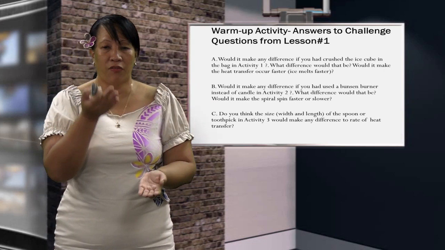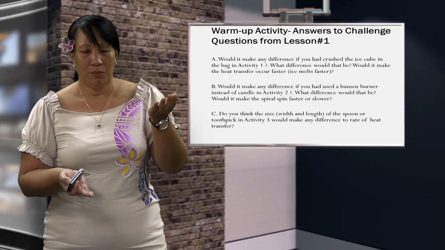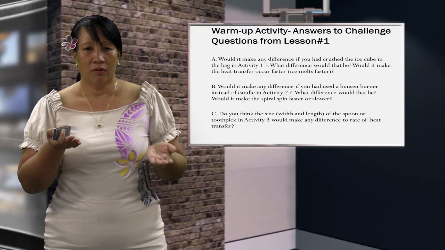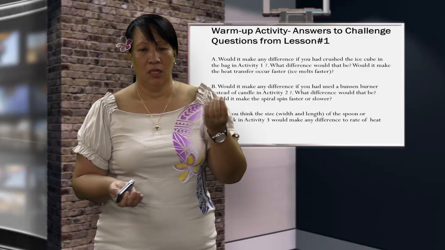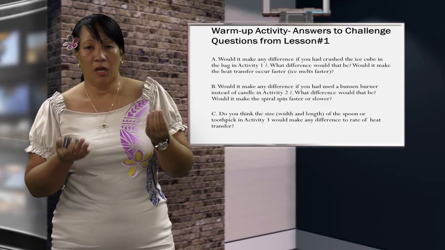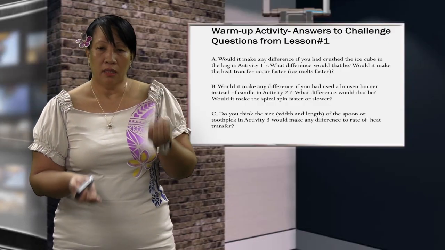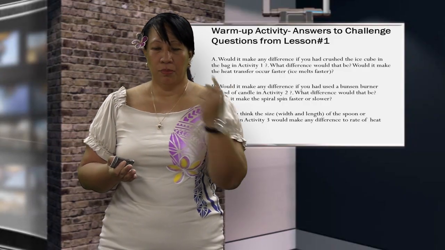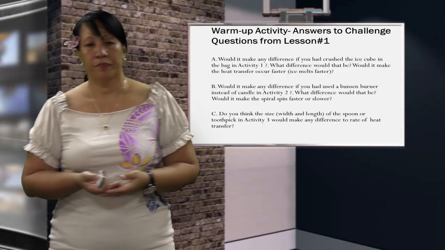That means the transfer of heat would be much faster. Remember the activity 2 from last lesson was convection, right? Hot air rises, cold air goes down. So the higher the heat source, the faster this process goes, and therefore the spiral was much faster compared to the candle.